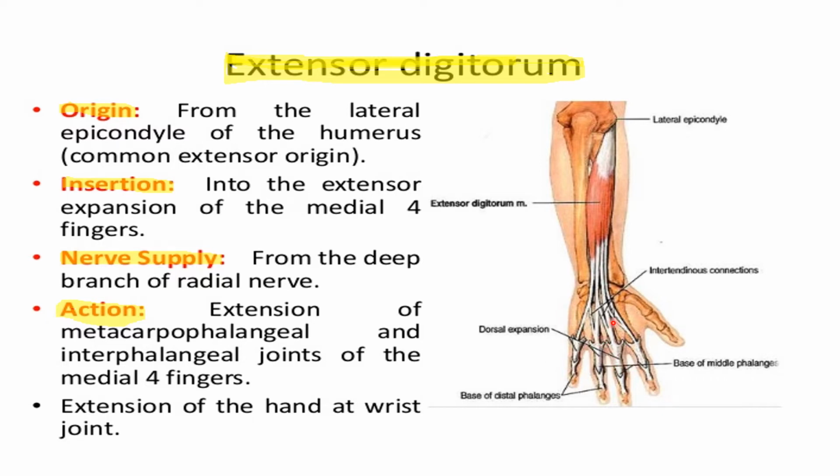These tendons are interconnected through intertendinous connections. That's why when one finger is extended, the other fingers also extend with it. There is no independent movement as these tendons are interconnected.